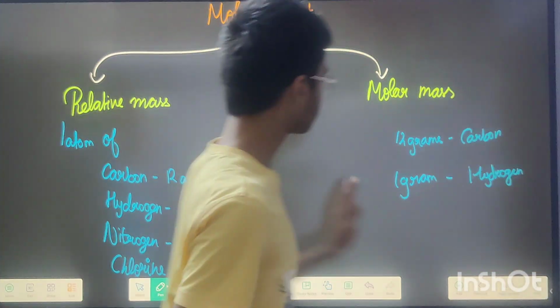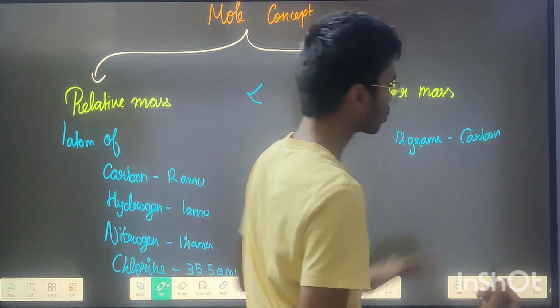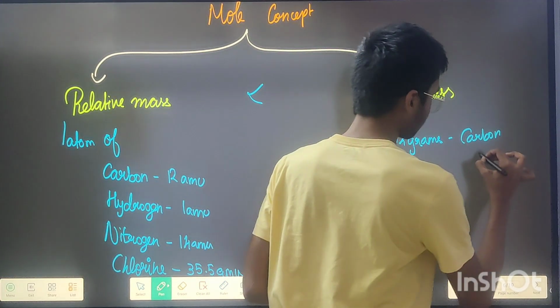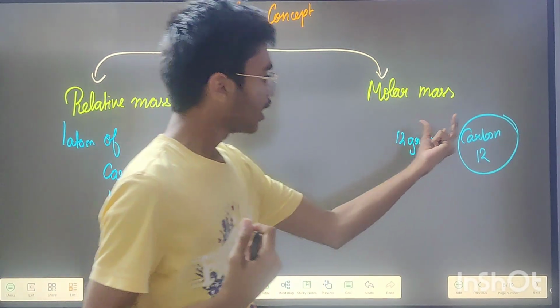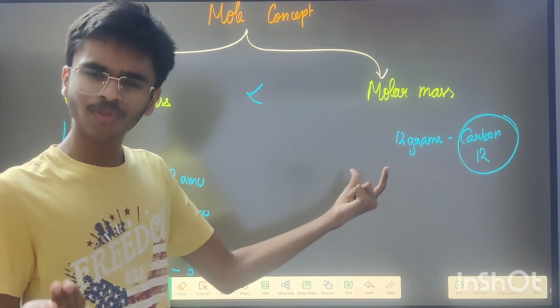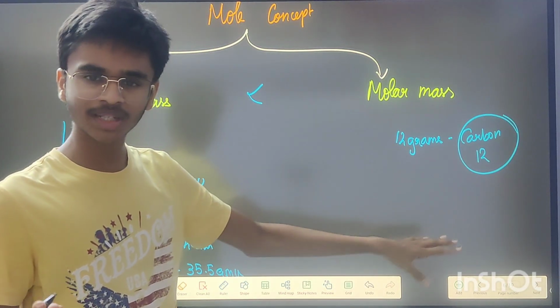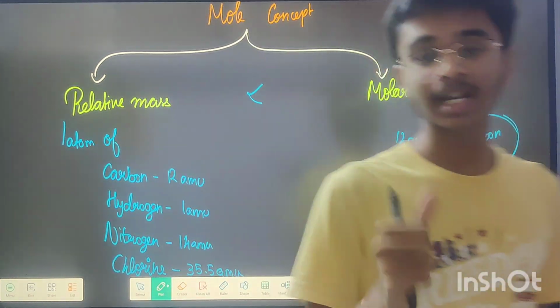Actually, what they have done is they have first taken only carbon. In that carbon also there are many isotopes, right? They have taken carbon 12. That means they have taken 12 grams of carbon 12, and they estimated how many atoms are going to be there.